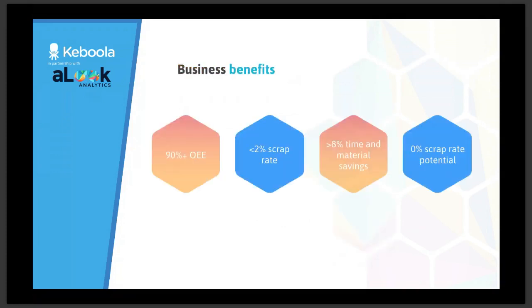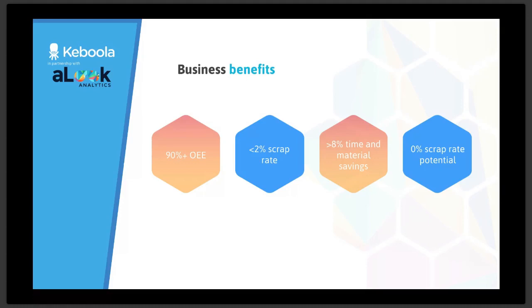Once this is fully automated and it's running on the machine, the business benefits are quite nice. First of them is that if you decrease the scrap rate below 2%, your OEE KPI for the machine is also increasing. Very often we've seen that the OEE can go above 90%.